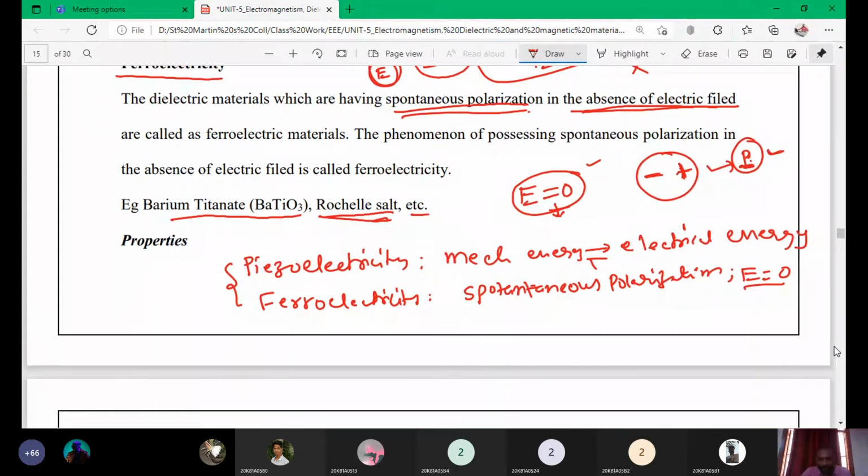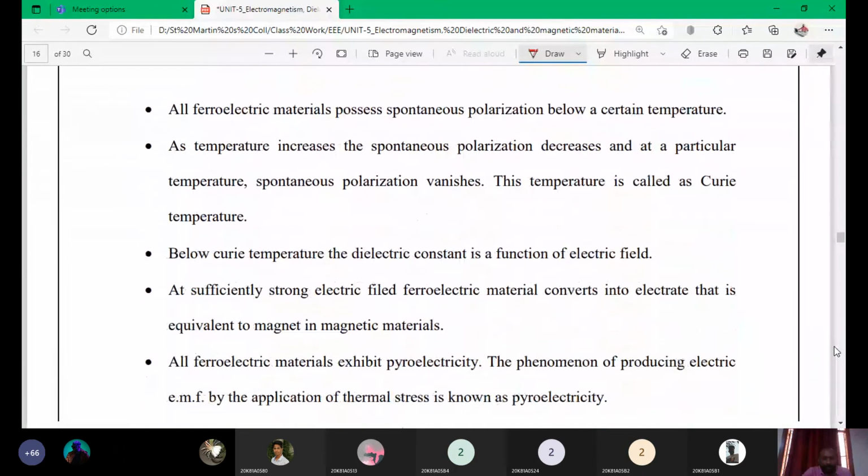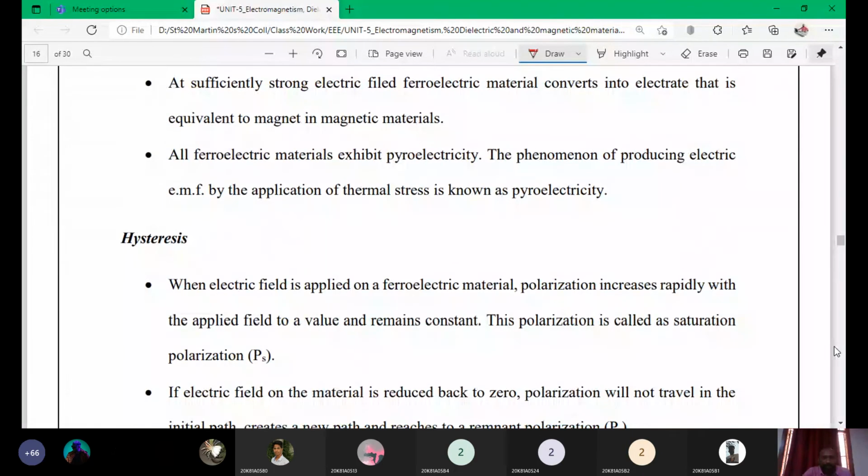Next, these ferroelectric materials exhibit hysteresis behavior. What is hysteresis behavior? We'll see now.